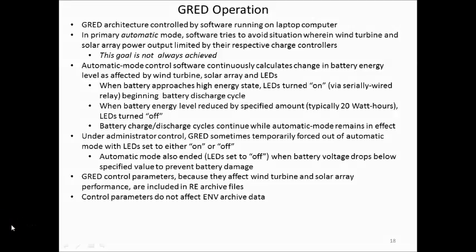When those limits are hit, it indicates that the battery is highly charged, and consequently neither the wind turbine nor the solar array can produce very much output power because there's no place for it to go. Keeping the system operating in the automatic mode and stopping the charge controllers from preventing the flow of power has been a challenge, and it's been hard to achieve it on a consistent basis.